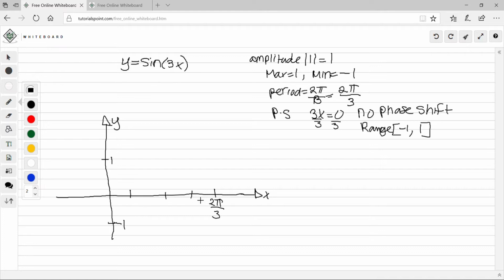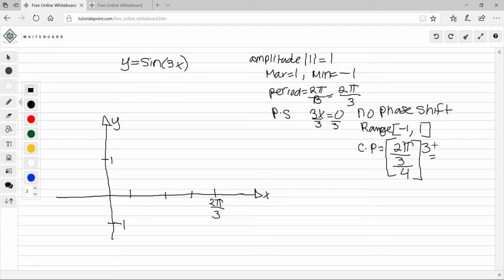So we have a total of 1, 2, 3, 4, and 0. So that's a total of 5. Okay, so to find the critical points, you simply take the period, which is 2 pi over 3, divide that by 4. So I'm going to do brackets, and I'm going to multiply that by 3.